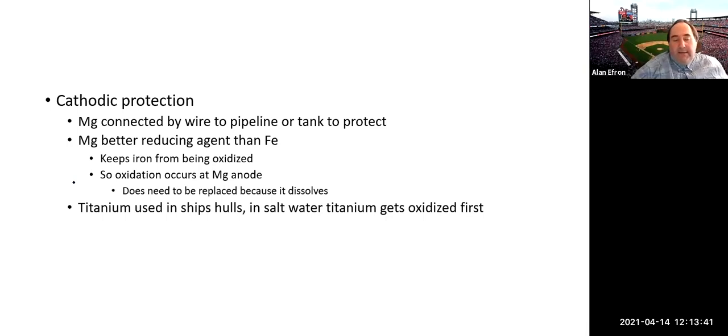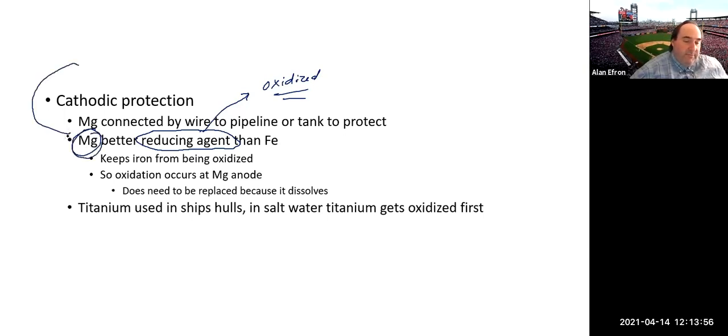So what does that mean if magnesium is a better reducing agent? Reducing agents are the things that get oxidized. So by having that magnesium present, all the oxidation is pretty much going to occur on the magnesium and not where the iron tank is buried under the ground. That's important because the iron tank is probably the thing that's holding on to what you don't want to spill out of it.